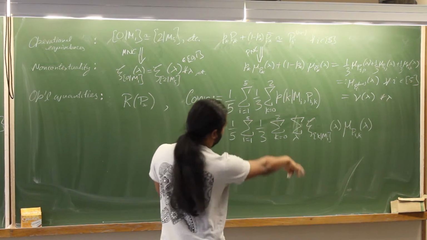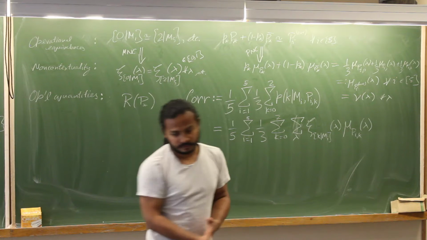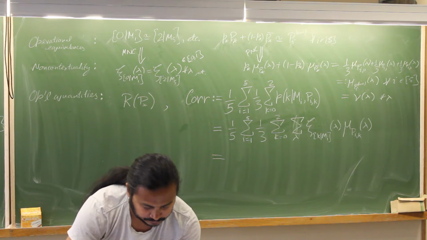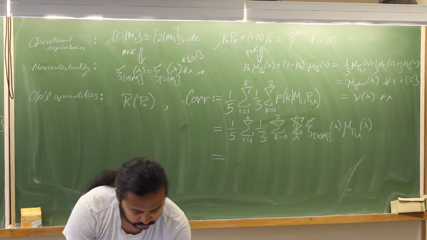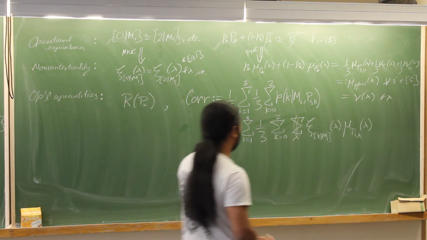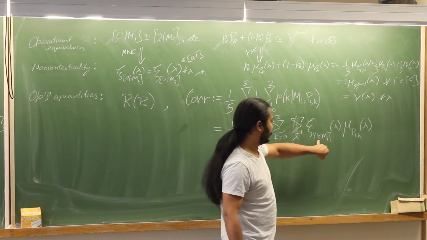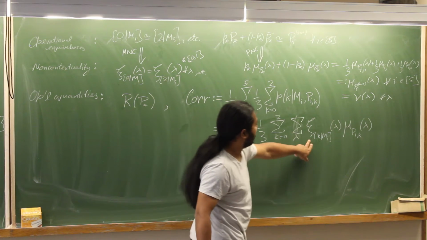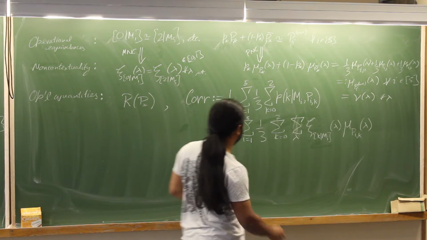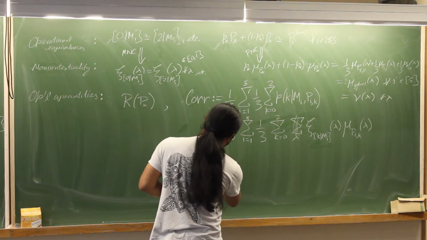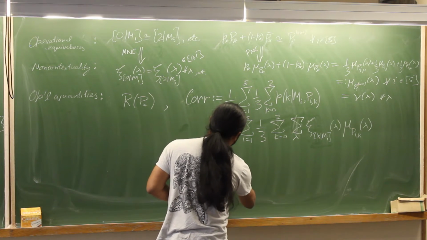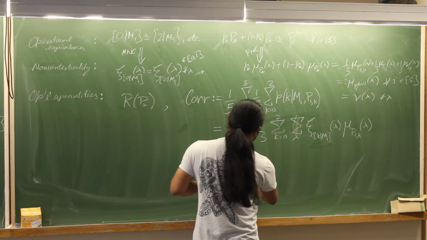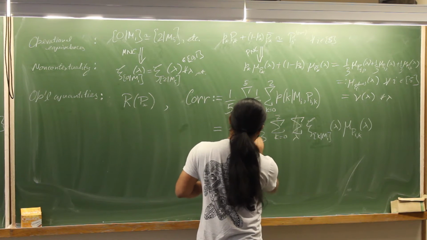So I'm just writing out the ontological model here, and now we start to put bounds on this thing. The first thing we do, just like we did last time, is take this thing out of the summation over k by taking the max over the effects for a given setting. So more precisely, what I'm saying is that this quantity is upper bounded by, sorry, this is 5.